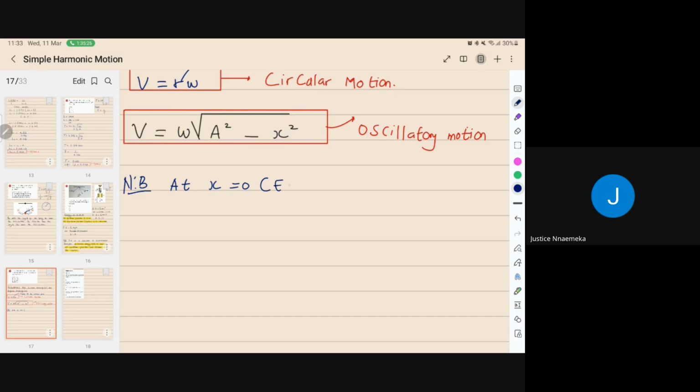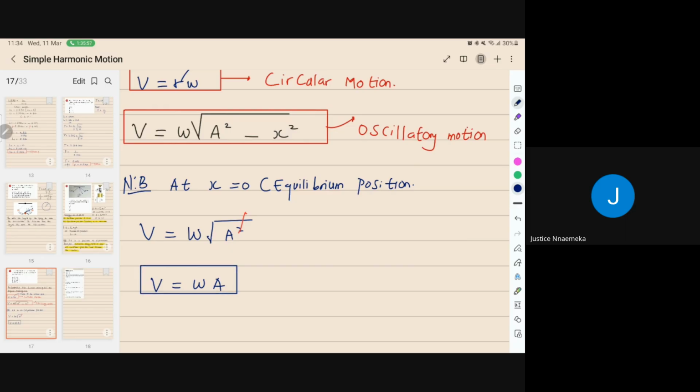That's our equilibrium position. We have that v is equal to omega square root of A squared. But remember now, the square will cancel that square root. So at equilibrium position, you have that v is equal to omega A. Right? So at this point, velocity is maximum.